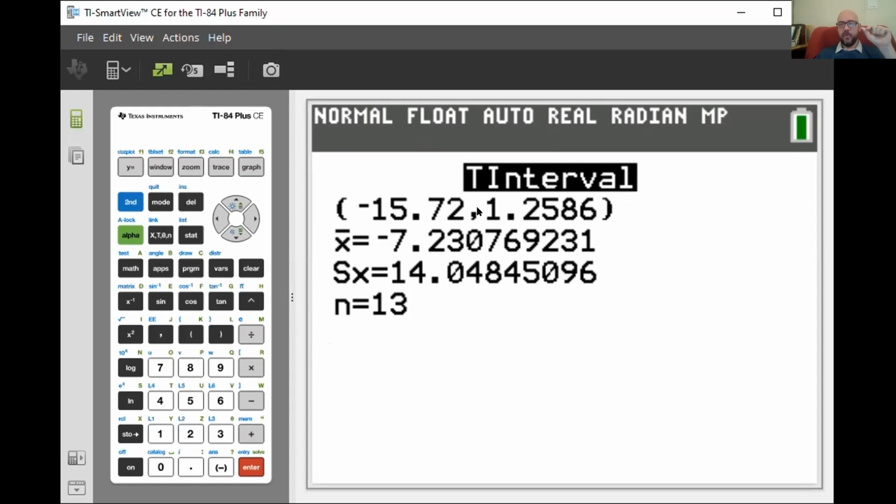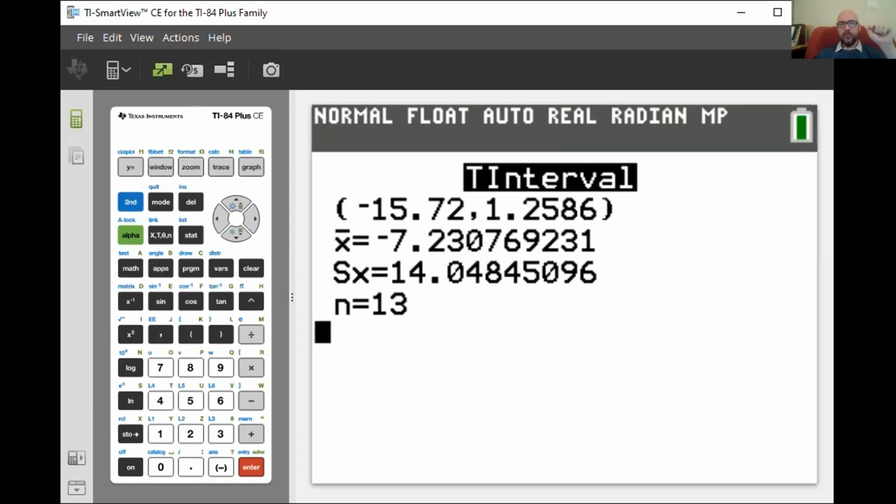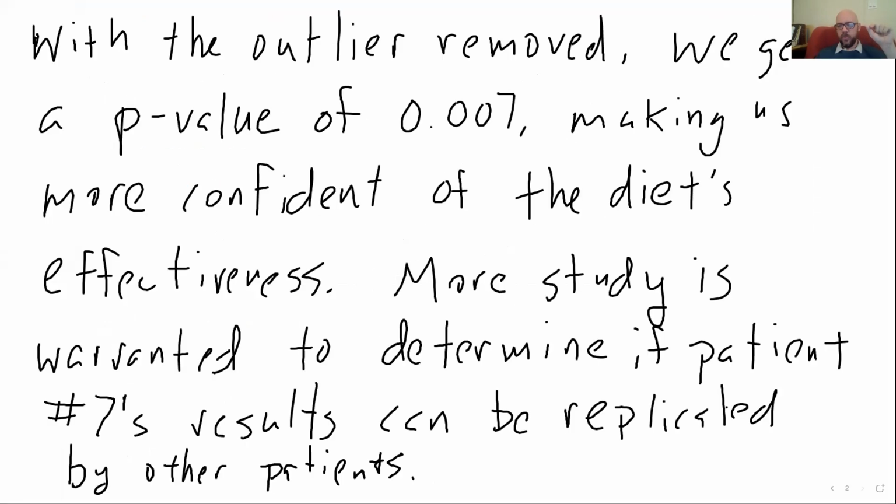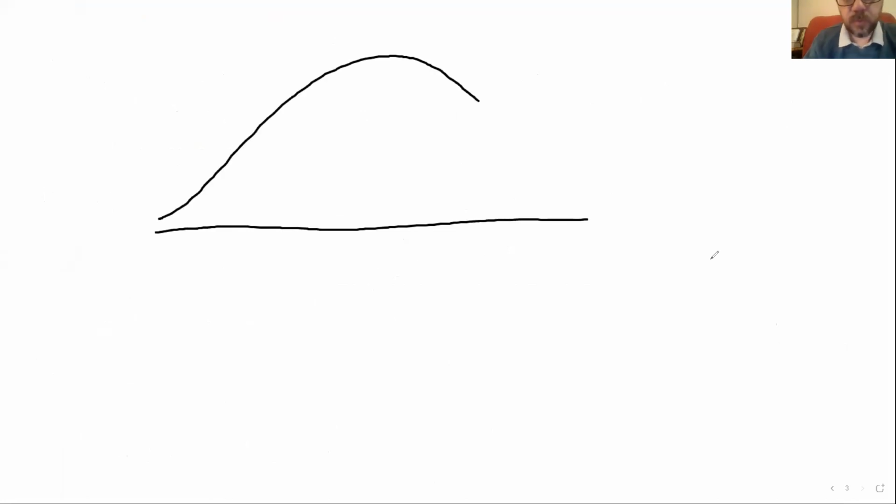So let me draw a quick picture and show you what I mean. So let's go over here. Let's make a new whiteboard. Here is what we did.